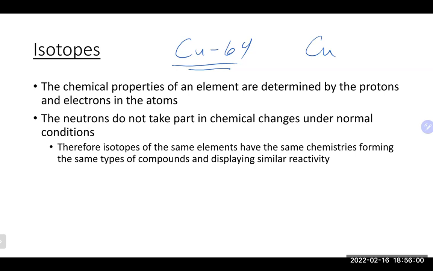So it's a really common practice in research labs, is they use a lot of times radioactive versions of elements, and they can use it like a tracer. Basically, they'll follow what's happening with that particular element, because again, it will basically do the same chemistry as the non-radioactive version of it. Any questions on that there?